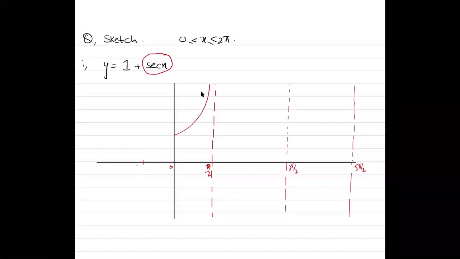Okay, let me call this 1, this minus 1. Okay, this is 1. You can do it directly, but I'm just showing you the steps. And 2 pi is going to be before 5 pi by 2.